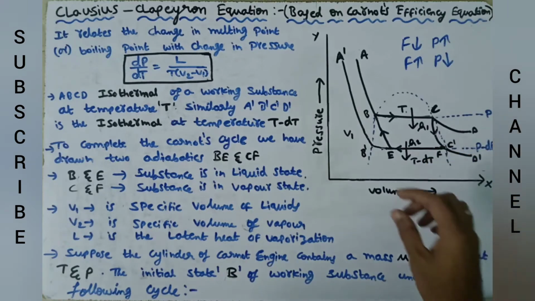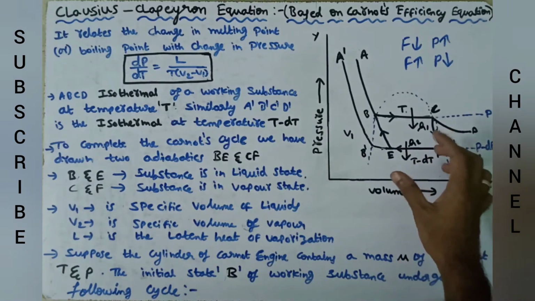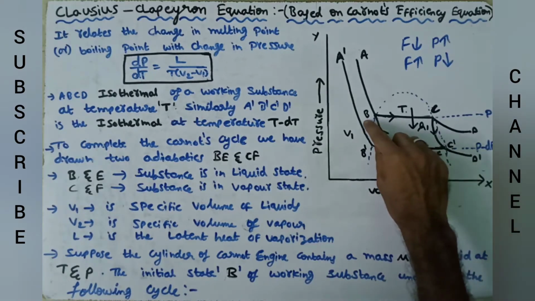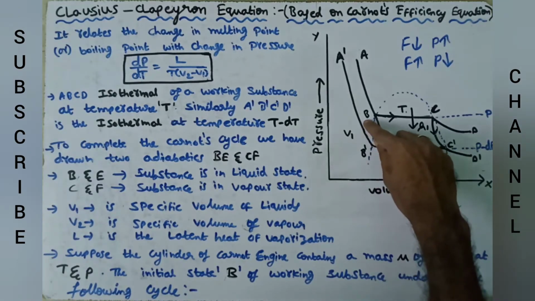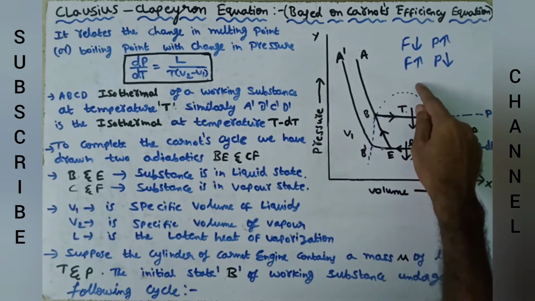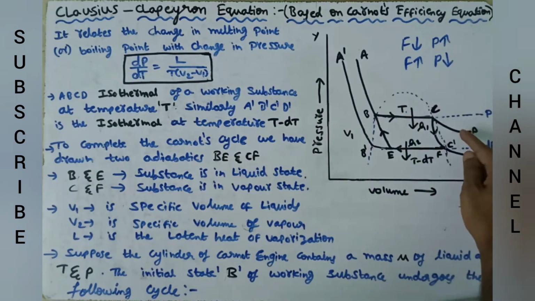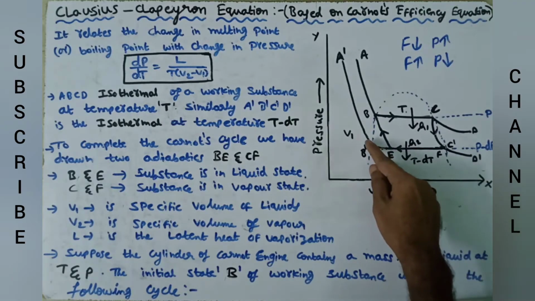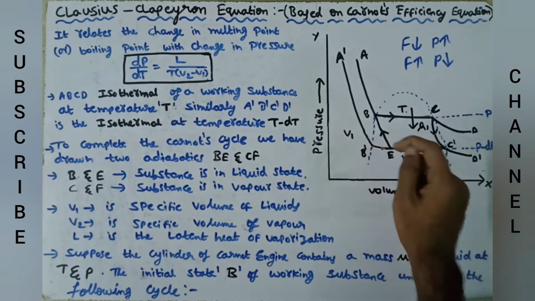Suppose the cylinder of the Carnot engine contains m mass of liquid at temperature T and pressure P. The initial state B of the working substance undergoes reversible isothermal expansion, reversible adiabatic expansion, reversible isothermal compression and reversible adiabatic compression.